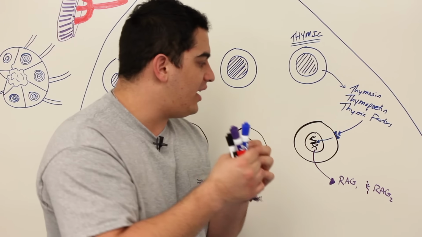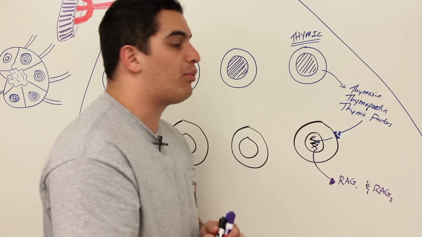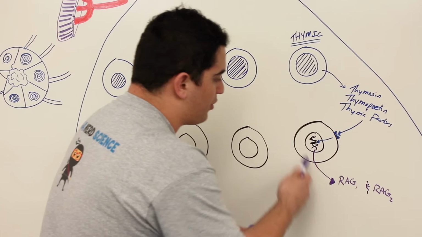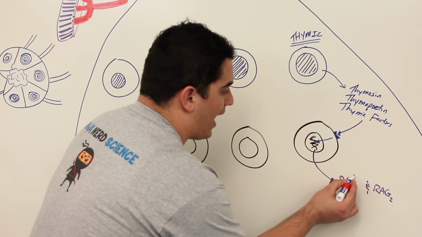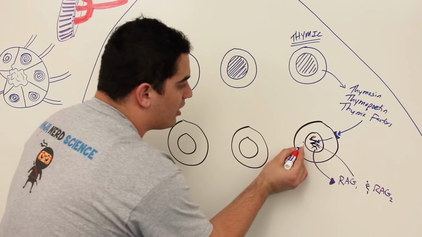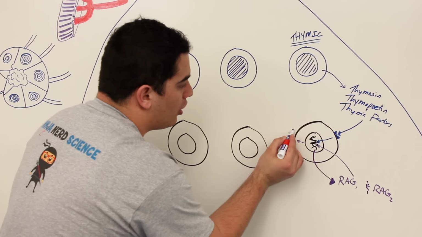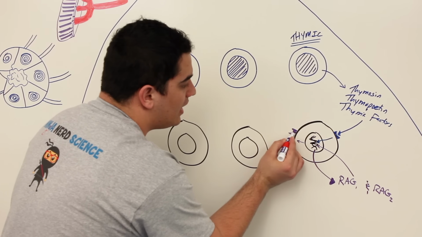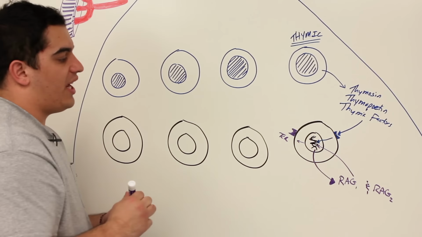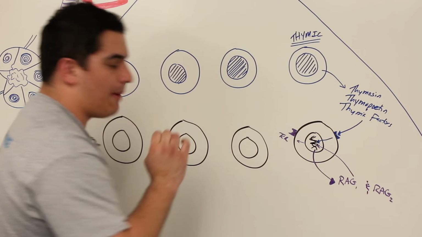When they shuffle that DNA, they produce different types of proteins for different types of antigens. So what is it going to produce on its actual surface? These RAG1s and RAG2s are going to act on specific genes, shuffle the DNA, and lead to the production of a specific protein, which is called a TCR. This is called a TCR, which stands for T cell receptor.